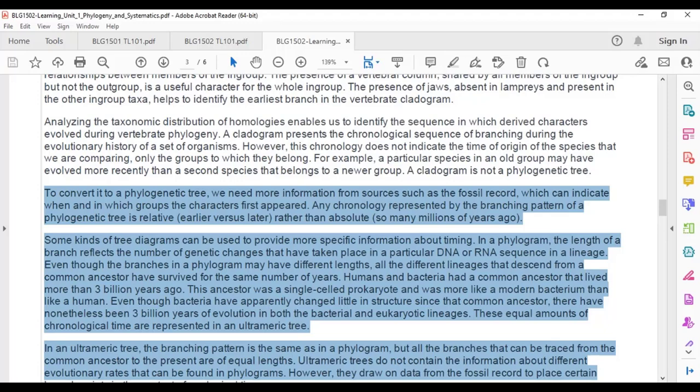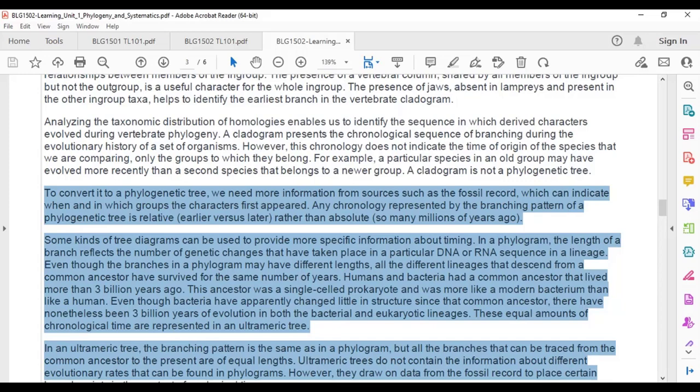So to convert a cladogram into a phylogenetic tree, because the cladogram is not a phylogenetic tree, you will need information from a source such as the fossil record.